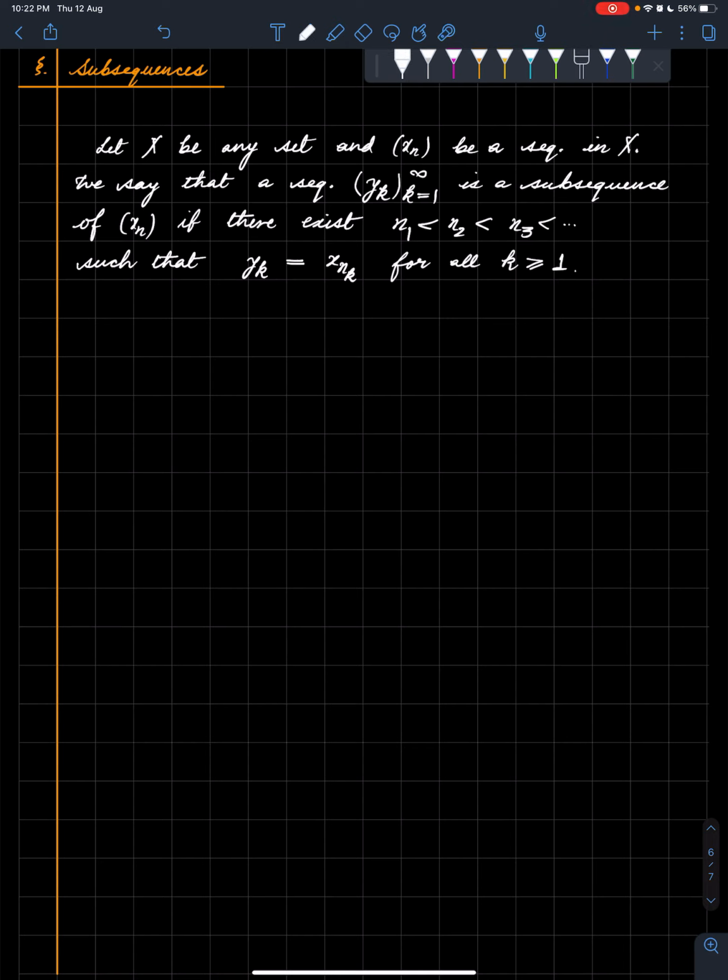Okay, and once these n1, n2, n3 are found, we denote this sequence as this.